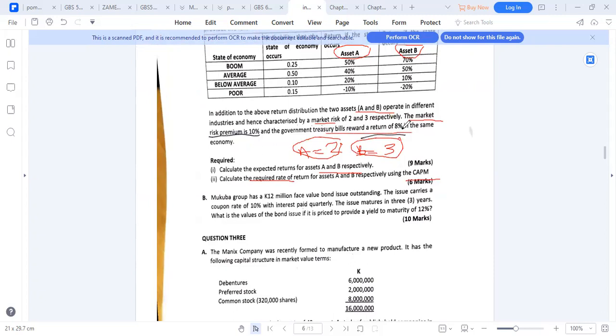So RF is 8%. Government treasury bills, even if they don't sell, that is the risk-free rate. For A, the beta is 2. For B, the beta is 3. Beta, like I mentioned, measures risk.